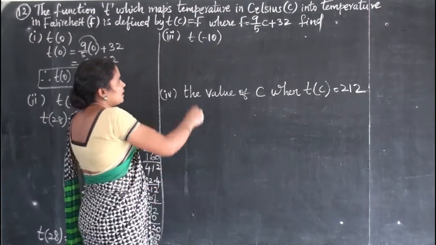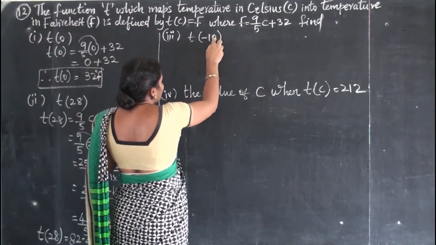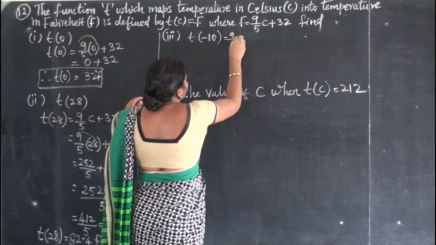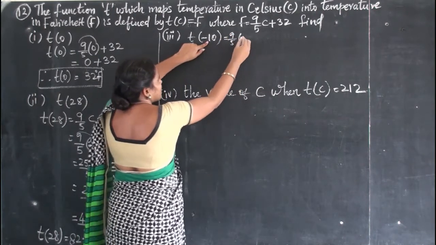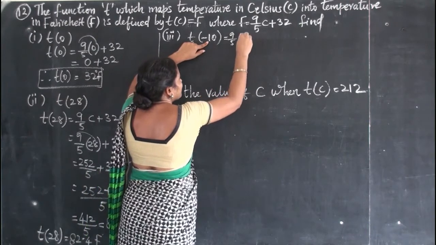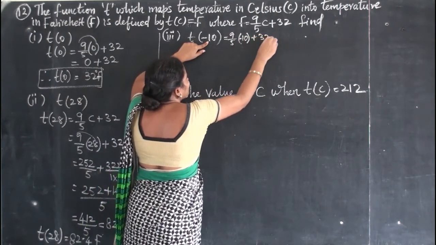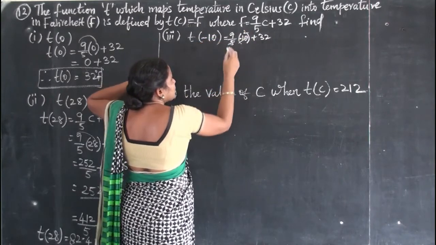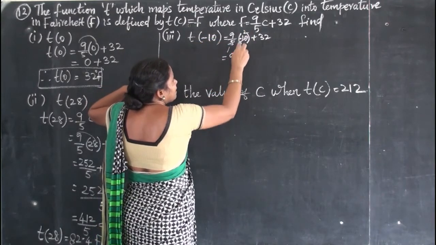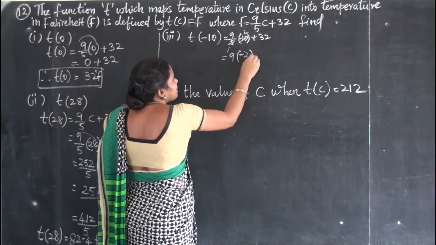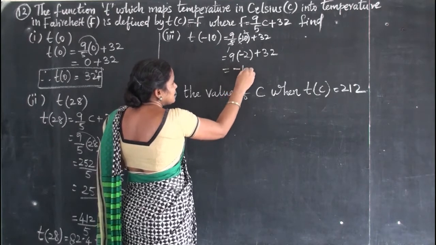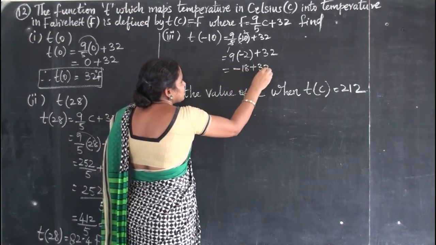Question number 3. T of minus 10. What is T of minus 10? 9 by 5, in the place of C put minus 10, plus 32. Here it is very easy for you to cancel. 5 1s are 5, 5 2s are 10. So 9 times minus 2 plus 32. 9 2s are 18, that is minus 18 plus 32.